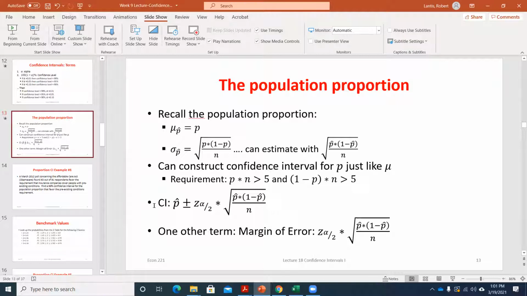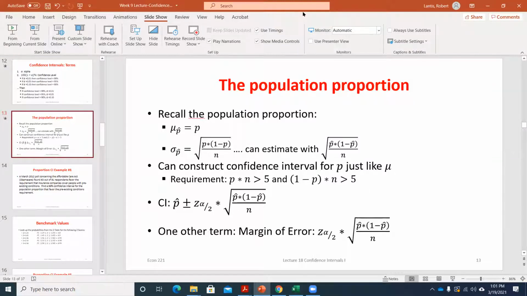My margin of error looks a little bit different because instead of a population variance, we know the variance of a proportion is p times 1 minus p. We don't have the true population proportion, so we use our best estimate, the sample proportion. But it's really the same as the sample mean.